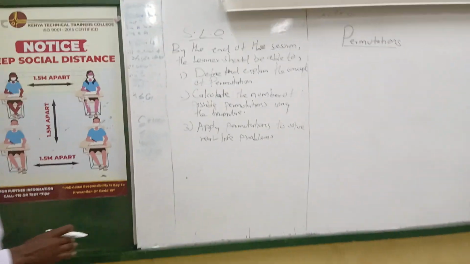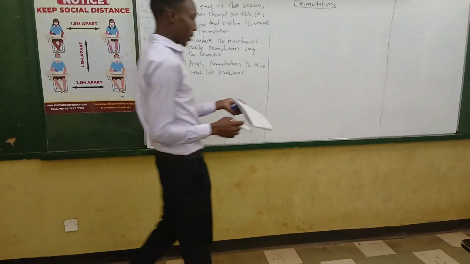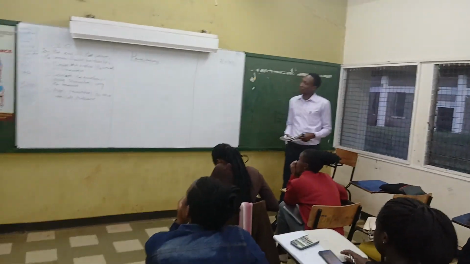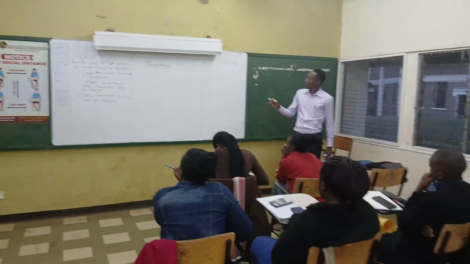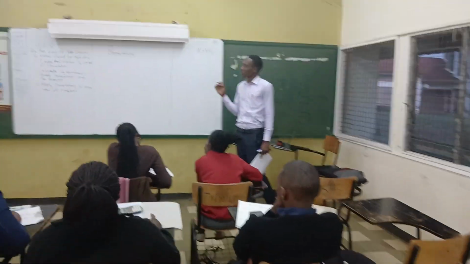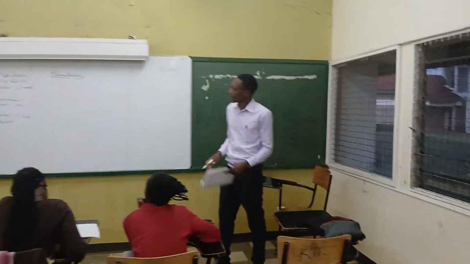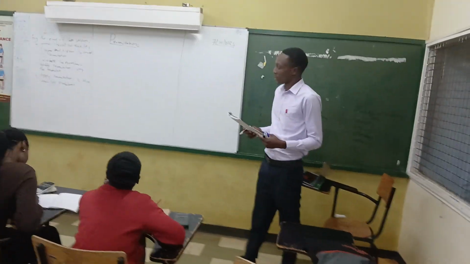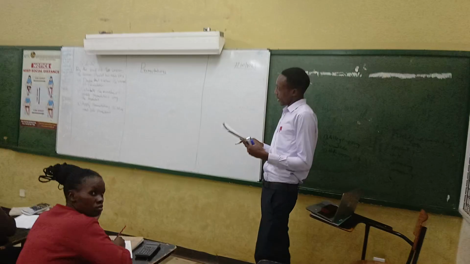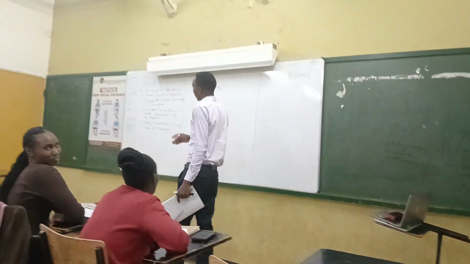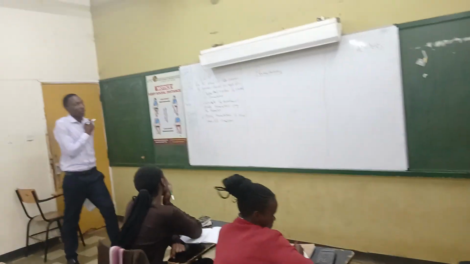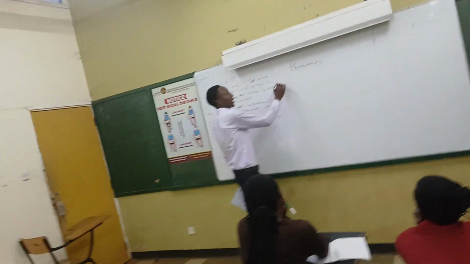So these are our outcomes: define the concept of permutation, and look at how to denote it and how to use the formula to calculate the number of possible outcomes of a given data set.